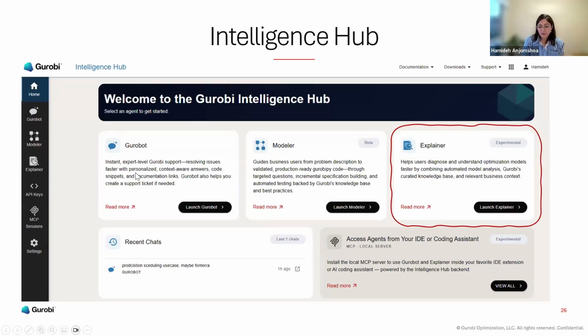It's trained on Gurobi optimization and also some of the articles. We have the modeler and the explainer. Related to infeasibility, I recommend you look into the Infeasibility Explainer, and it helps you navigate further. There are others you can play around with.